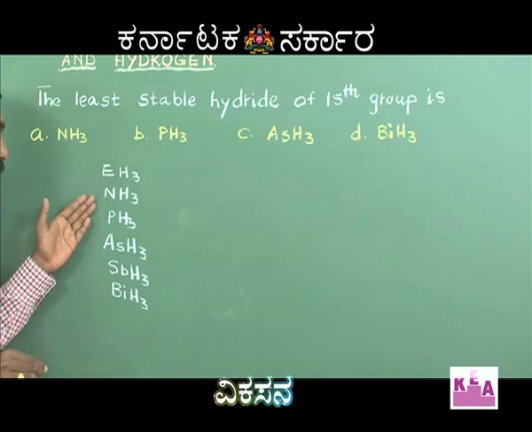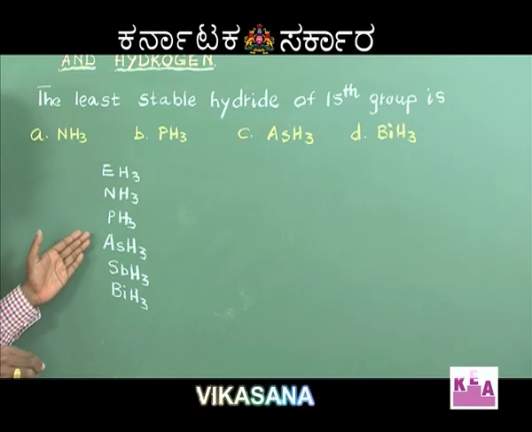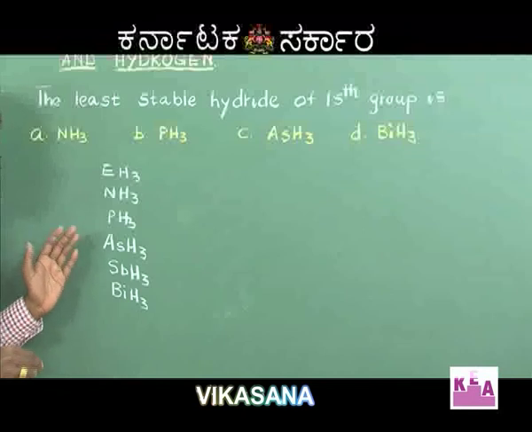These are ammonia, phosphine, arsine, stibine and bismuthine.